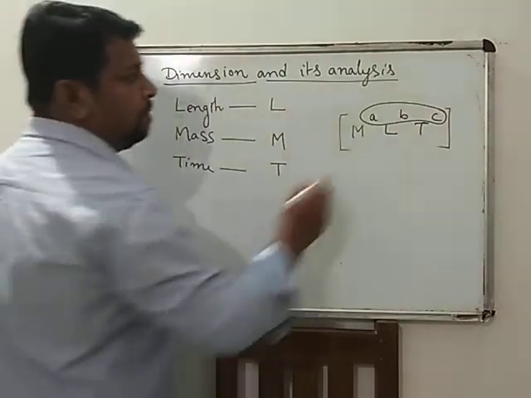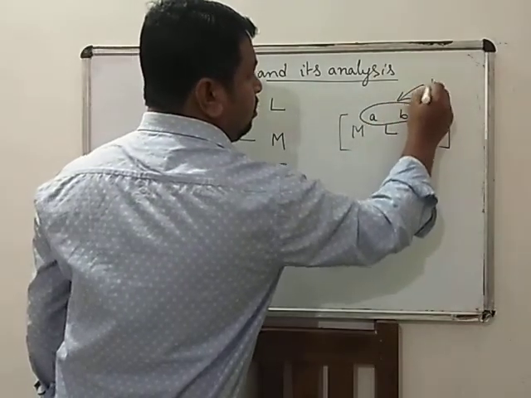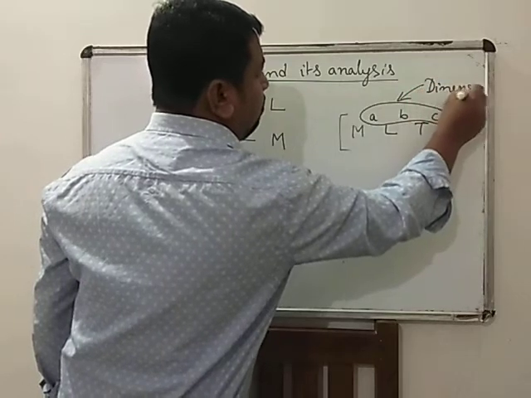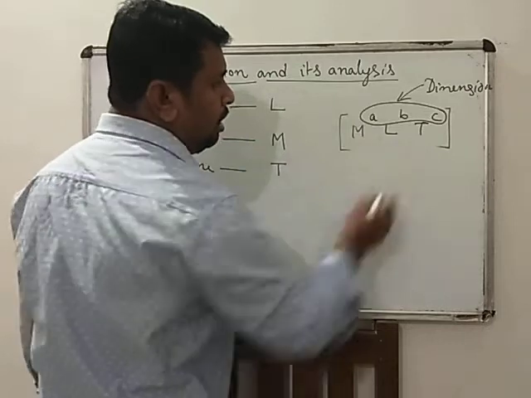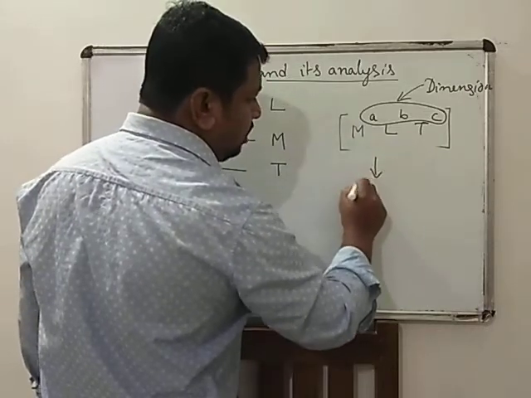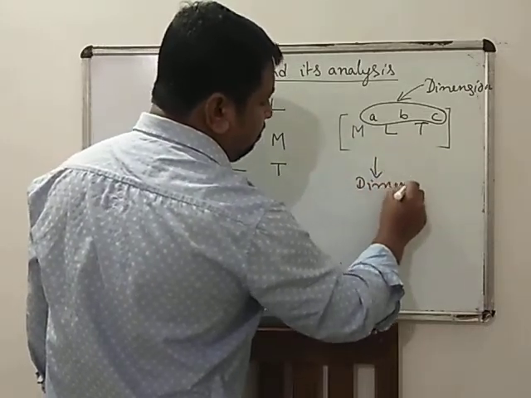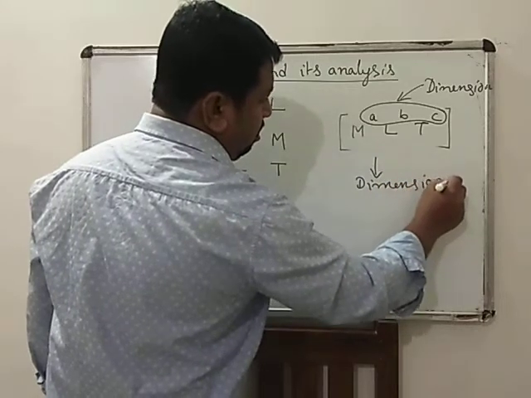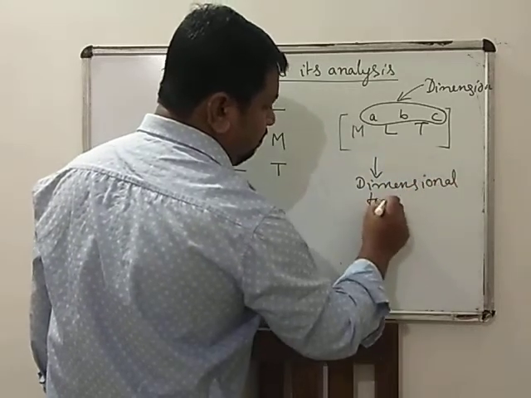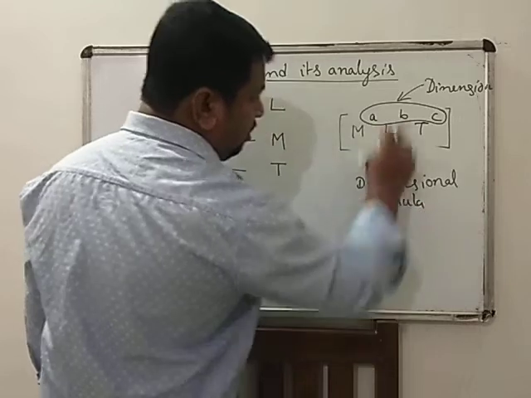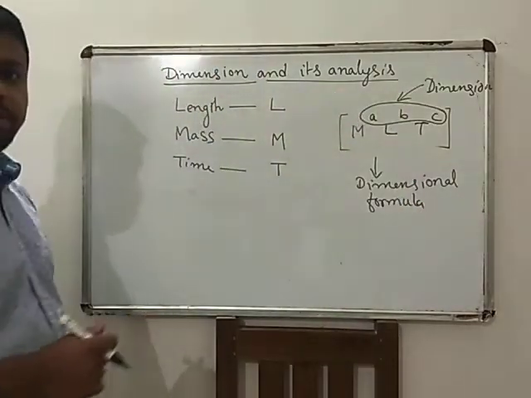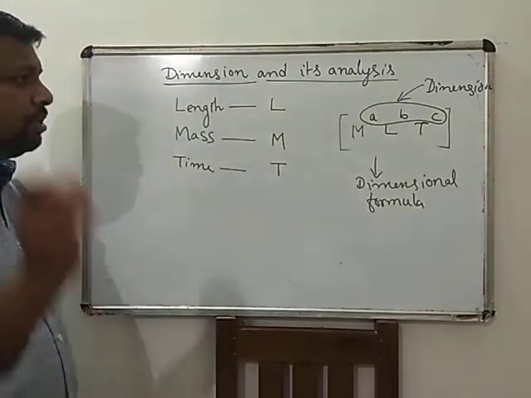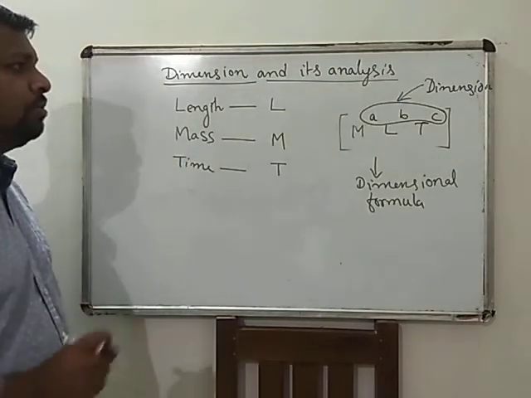be the dimension. This is dimension, and this whole is known as dimensional formula. This is known as dimensional formula and these powers are known as dimension. Okay, but what is the definition of dimension? Let me write it down. What is dimension?